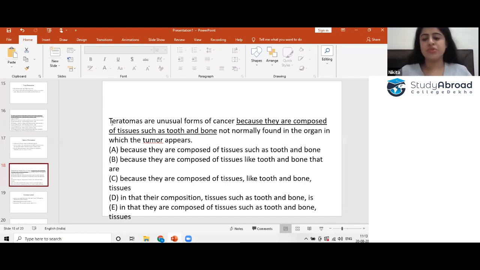Now, by now you very well know how we are supposed to approach the questions: scan the options, look for the differences that the options are bringing in front of us, and then decide on those. So we see that A, B, and C are starting with "because," and D and E are starting with "in that."